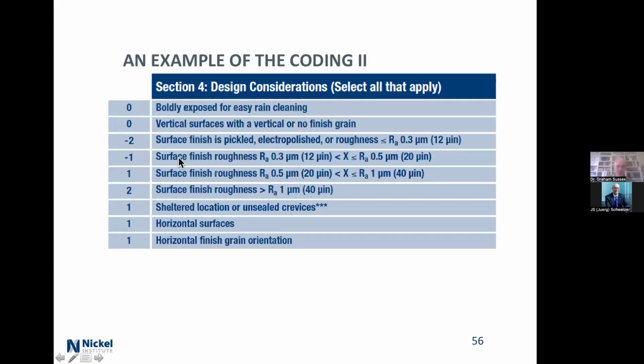So the best places are surface finishes, pickled, electropolished, and the roughness is better than 0.3. The worst place is surface roughness worse than 1 micrometer. And boldly exposed, so it's usually rain washed, or vertical surfaces with vertical grain, both are reasonably neutral in terms of design.